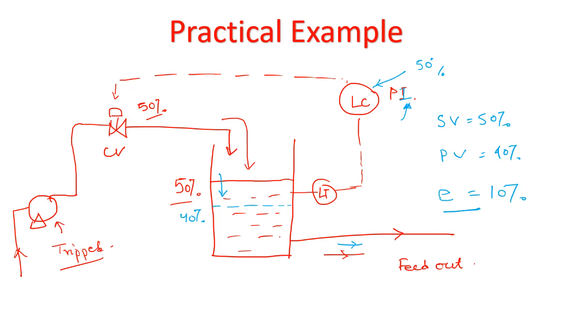It will add more and more manipulated variable, increase the manipulated variable. So the valve opening will increase from 50 to 60%. Suppose for 10 minutes it increased from 50 to 60%.